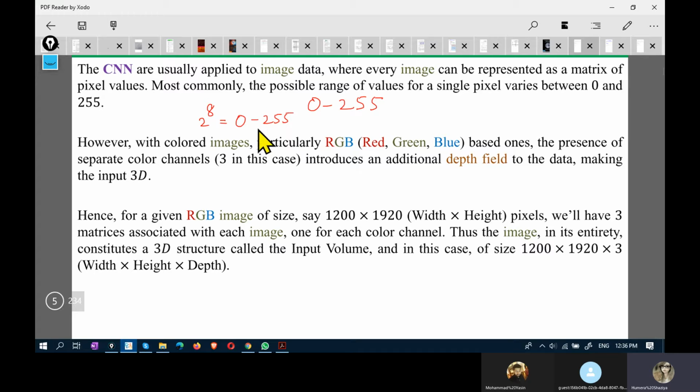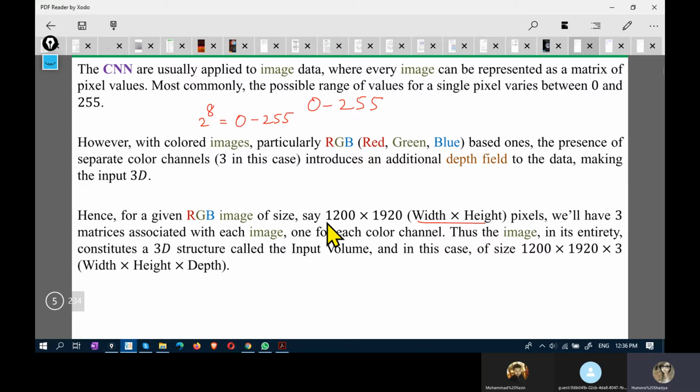Every image will have a number of pixel values depending on its size or dimension. What is the dimension here? Width and height of the image.